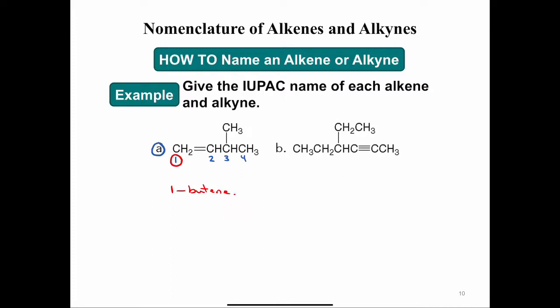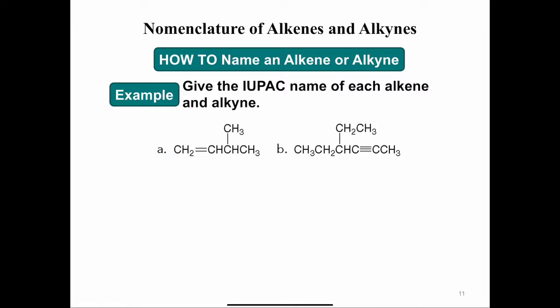And then of course, I have to list my substituents in alphabetical order. I don't really have to worry about alphabetization too much because there's only one substituent, and it is a methyl group on the 3rd carbon. So this is a 3-methyl. Remember, we separate letters and numbers with hyphens, and so this molecule becomes 3-methyl-1-butene.